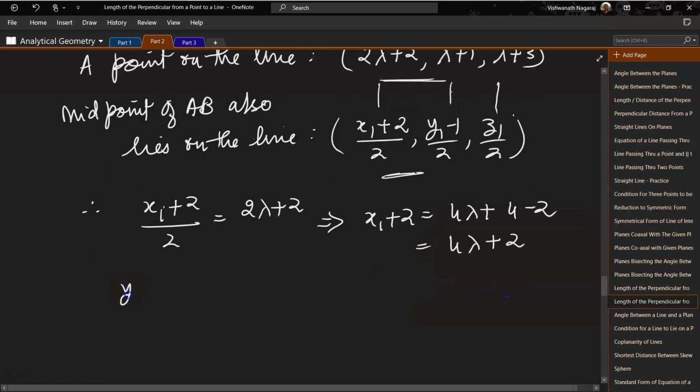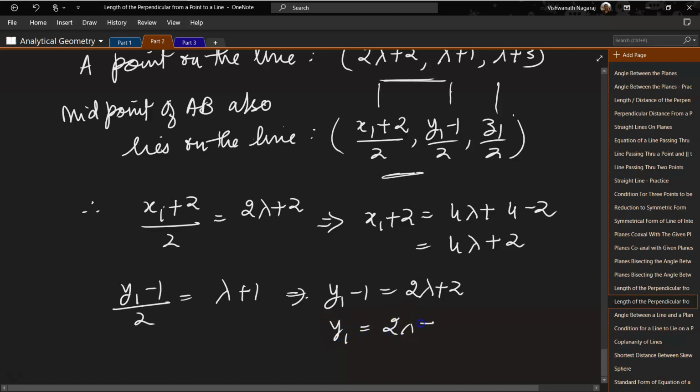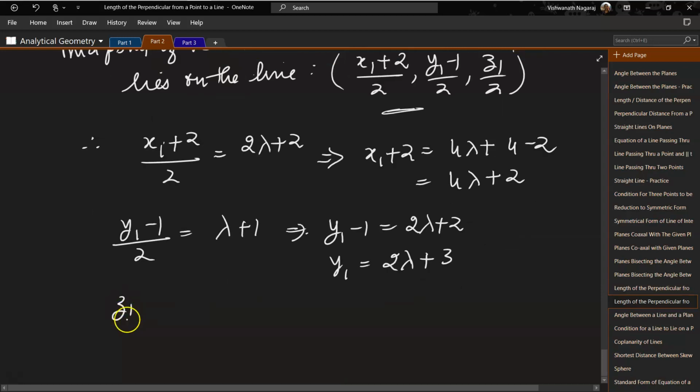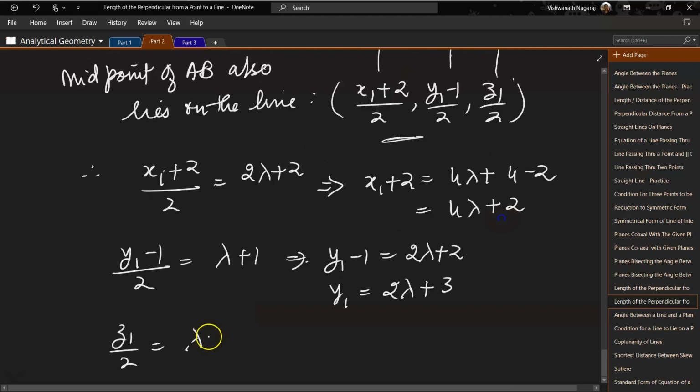Similarly, (y1 minus 1)/2 is equal to lambda plus 1, which implies y1 minus 1 is equal to 2 lambda plus 2, so y1 is 2 lambda plus 3. And similarly z1/2 is equal to lambda plus 3, which implies z1 is equal to 2 lambda plus 6.